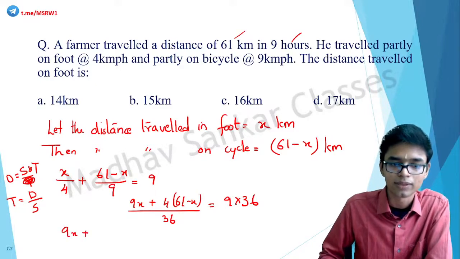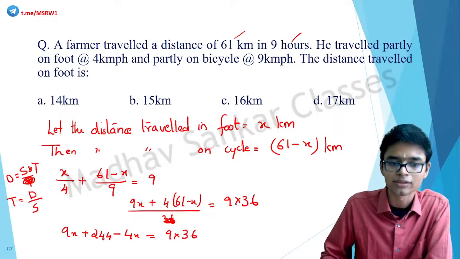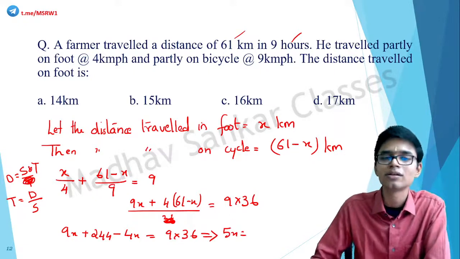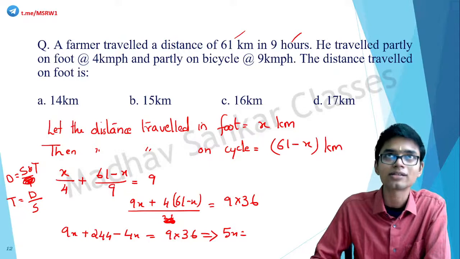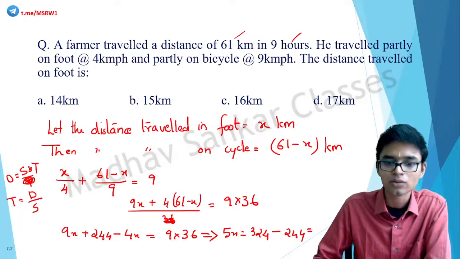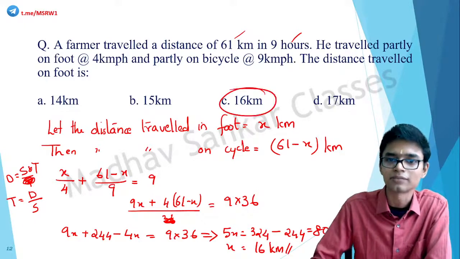So 9x plus 4 into 60, 240 and 4, 244 minus 4x is equal to 9 into 36. Implies 5x is equal to 9 into 36 is what? 10 into 36 is 360. 360 minus 40 is 320 plus 4, 324. 324 minus 244 is equal to 80. Correct? So x is equal to 16 kilometers. Option C.